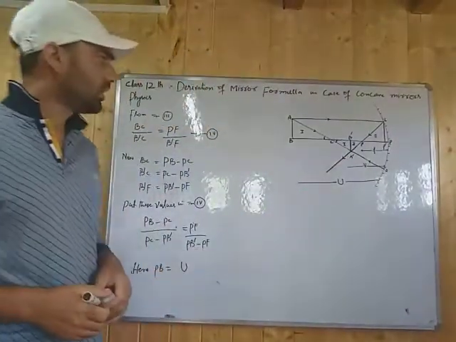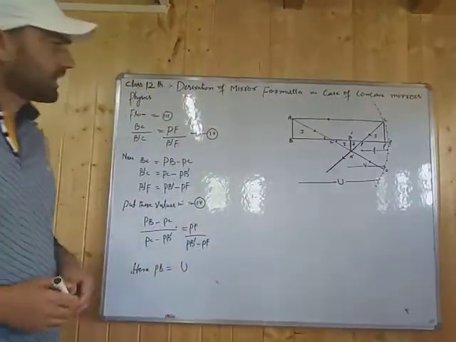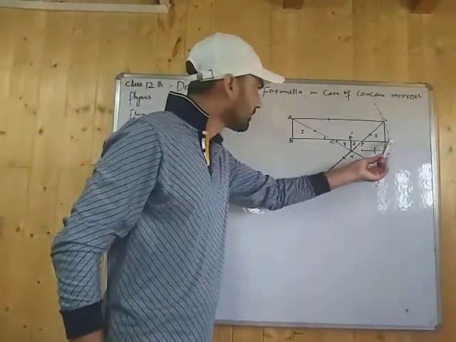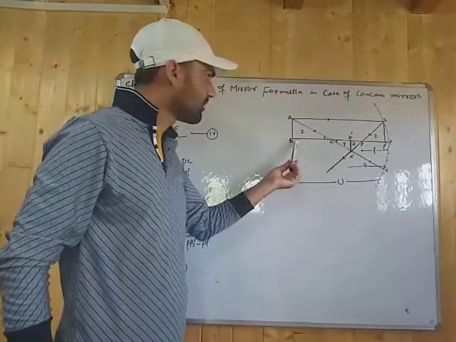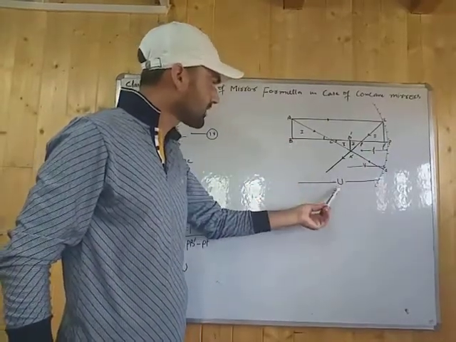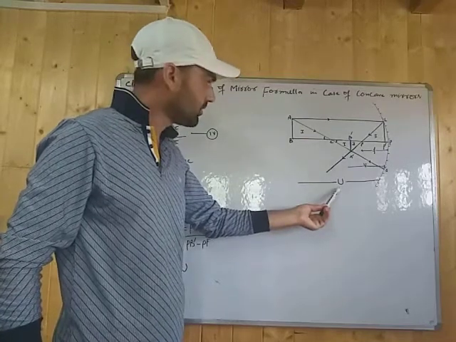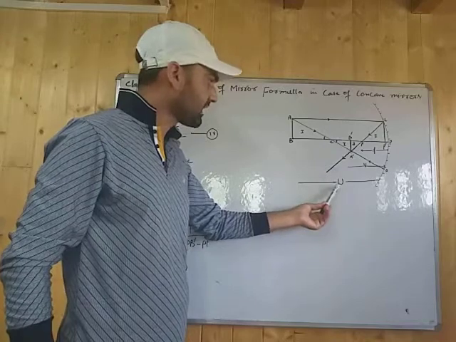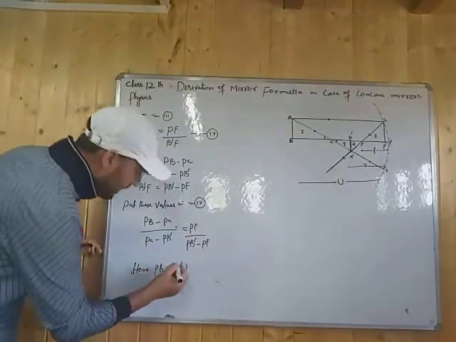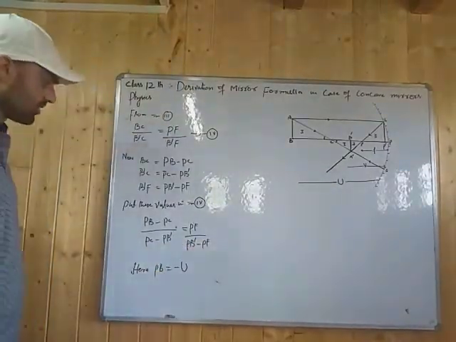The distance from pole to the object, that's known as the object distance, which is denoted by U, but it's on the left side. So we'll take here the sign convention. So it will be minus U.